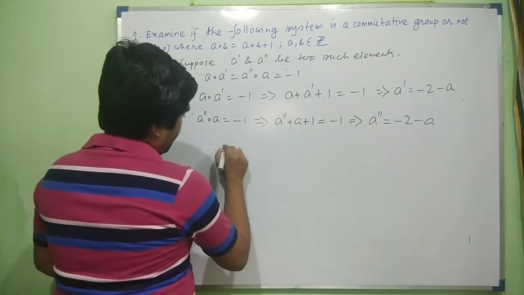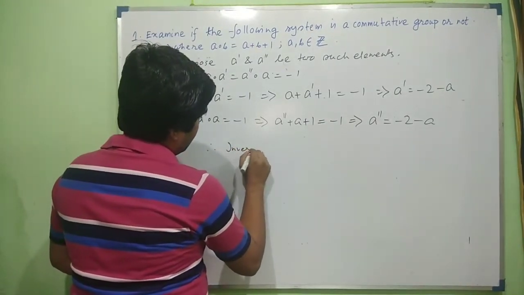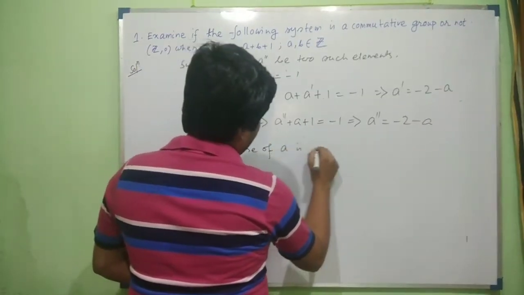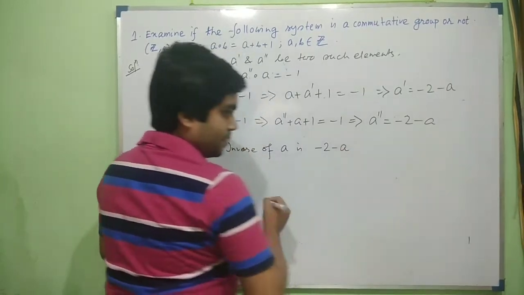Therefore the inverse of A is -2 minus A.